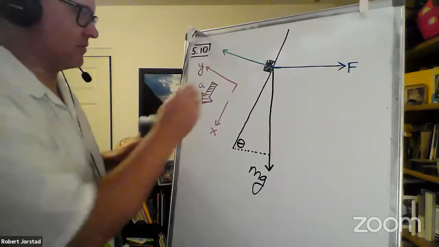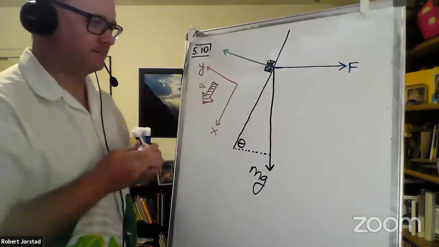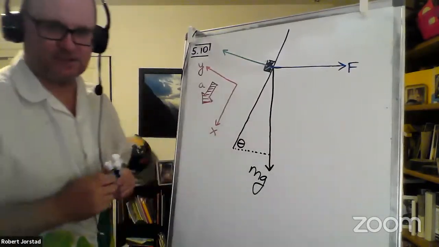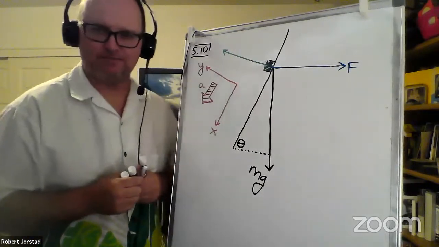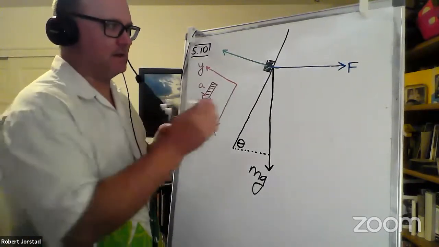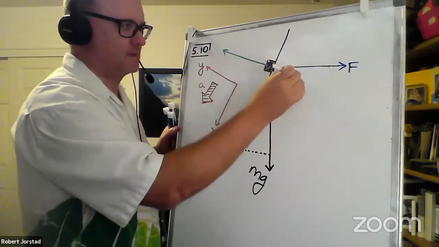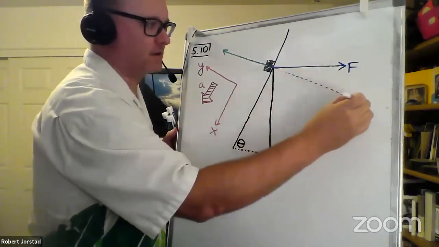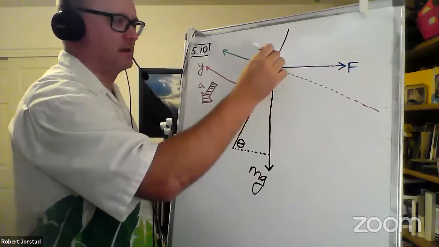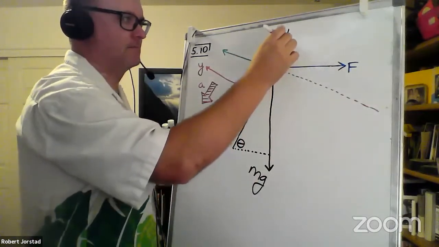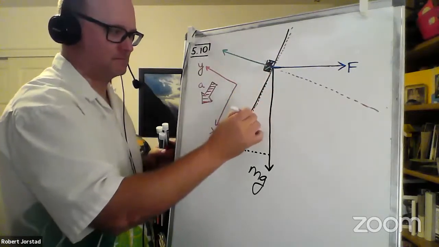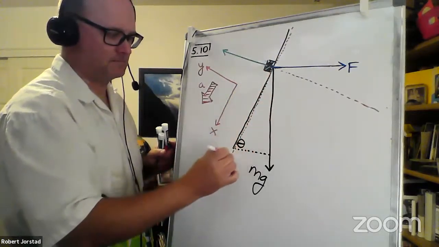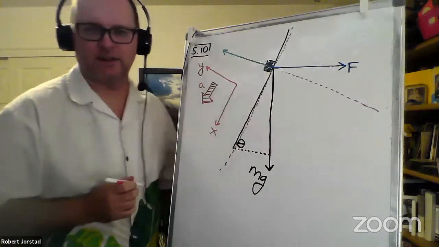Okay, so we've got X and Y. Sorry, I doodled there. Based off that, we're going to need to split up these forces. Extend that normal force vector backwards. Trying to just draw that so you can see it.